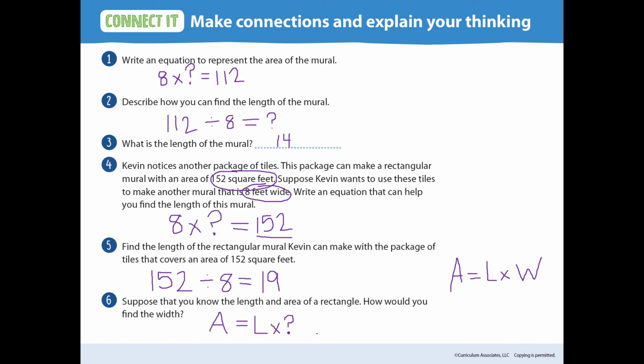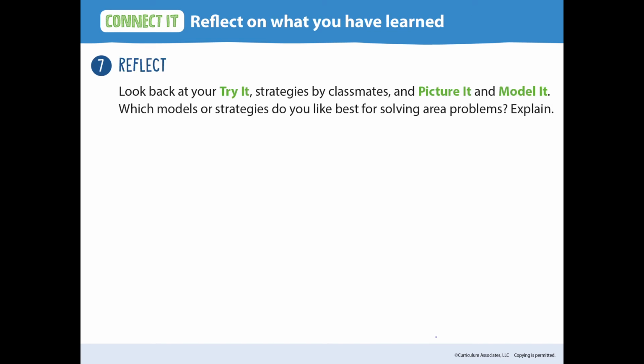And we can use an inverse operation and turn it around. And we can say the area, which is the total that we're dividing apart, divided by the length, which is the one that we know, is going to equal that width that we don't know.